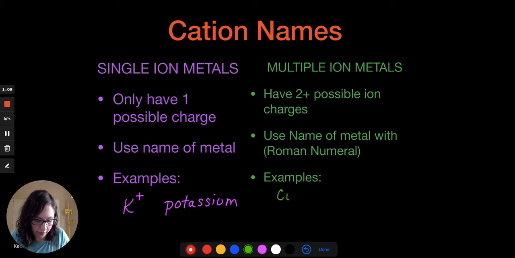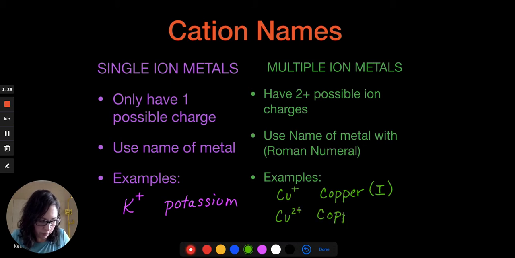We can have copper 1, which is Cu+, and when we write that out, we write it as copper, and in parentheses, a capital I. And then if we have copper 2, 2+ charge, then we write that out as copper 2. Two capital I's basically put together.